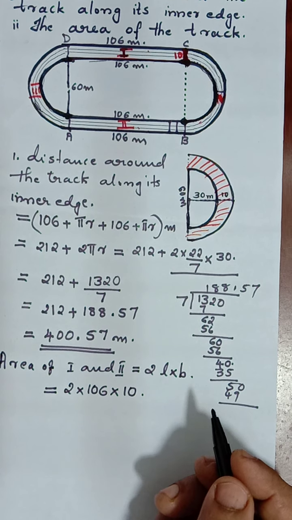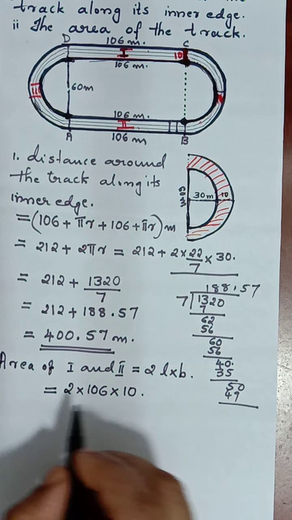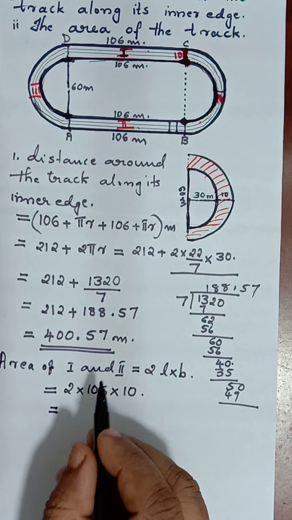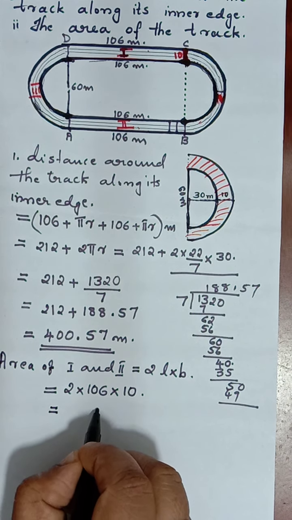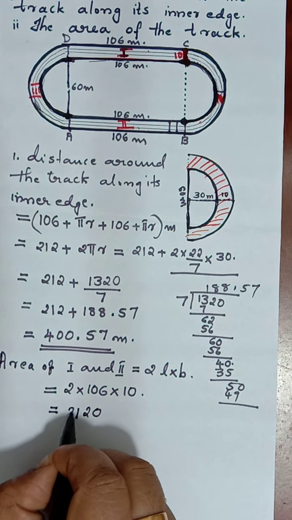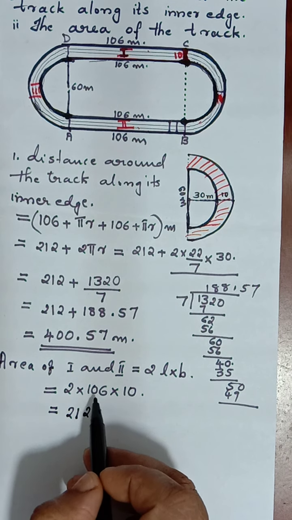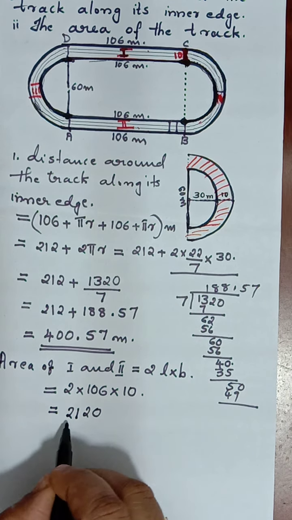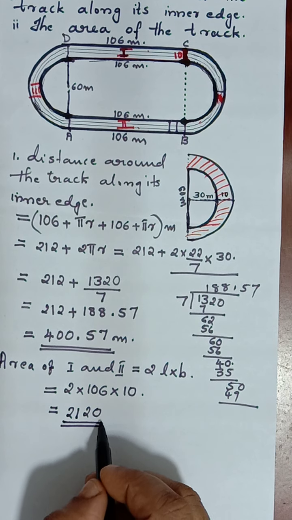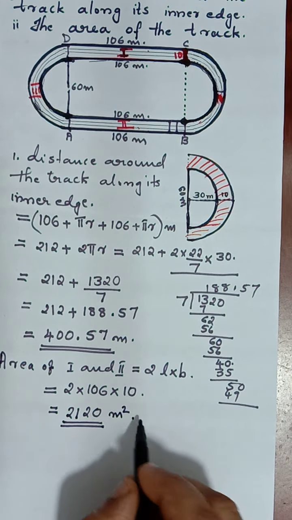So let us multiply 106 into 10, which is 1060, into 2. So 2120 meter square is the area of 1 and 2.